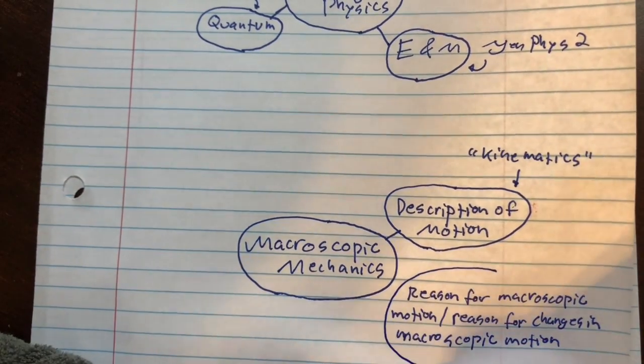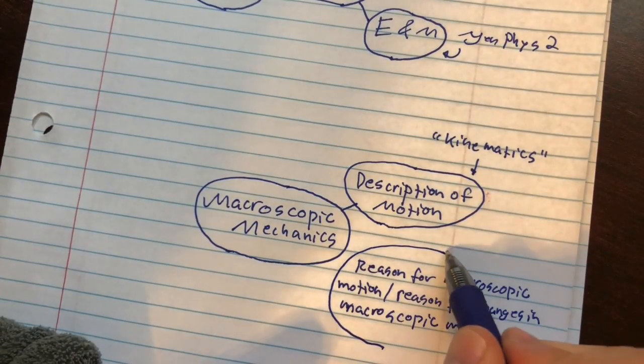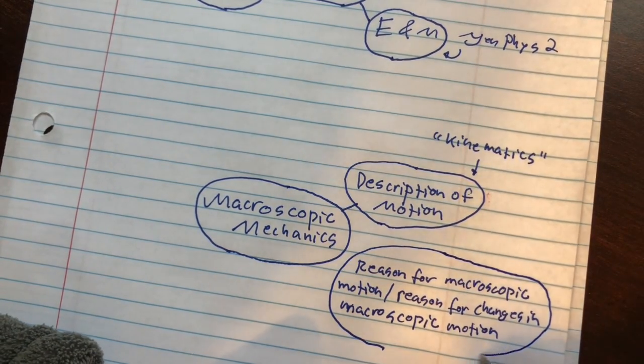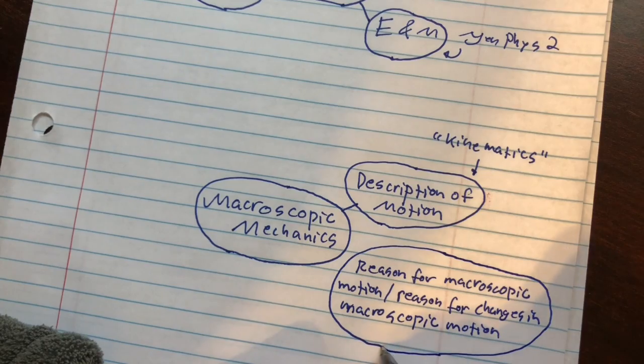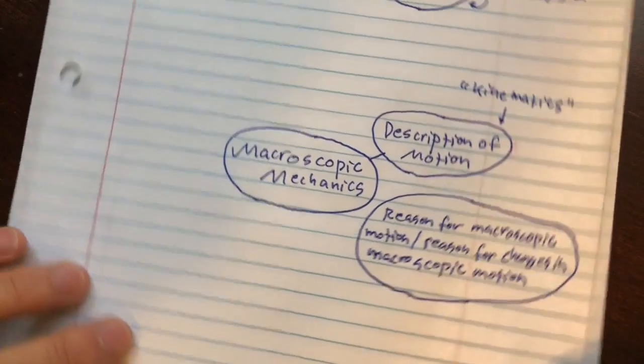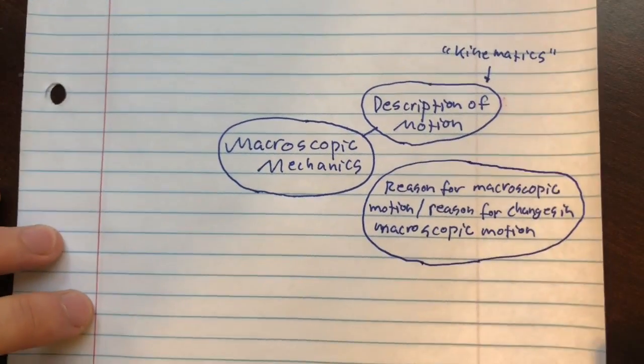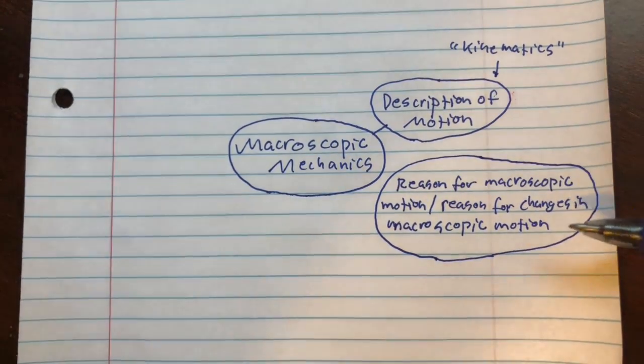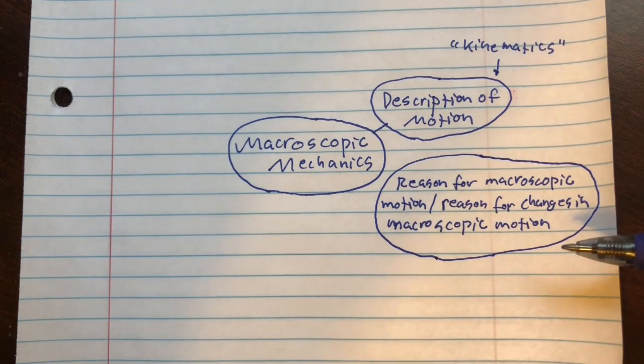Let's draw a little circle around this. So again, we have the description of motion, and now we have the reason for changes in macroscopic motion.